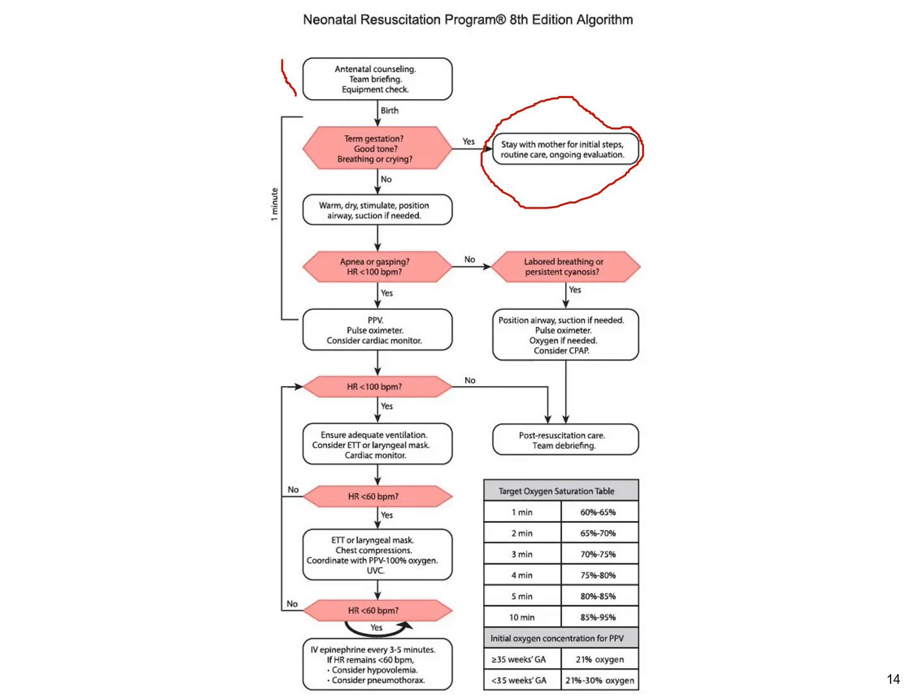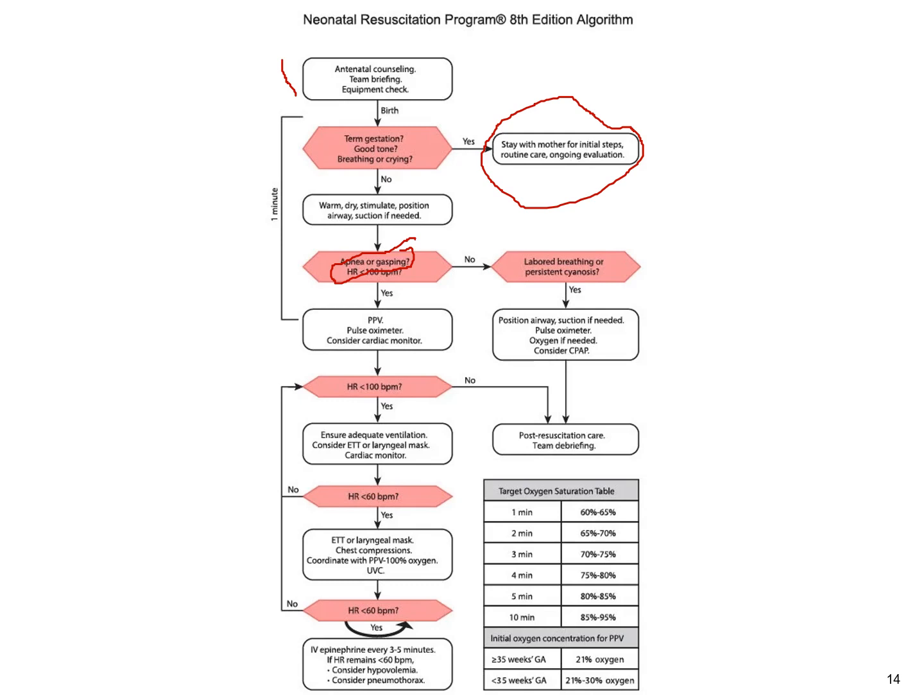Down here, in these other funny shapes, it's asking if the baby is apneic or gasping. If they are breathing and not gasping, you move over here to the right, where we will assess the breathing for labored breathing, or we'll look at their color for persistent cyanosis. If you see either of these, you should position the airway and consider CPAP.